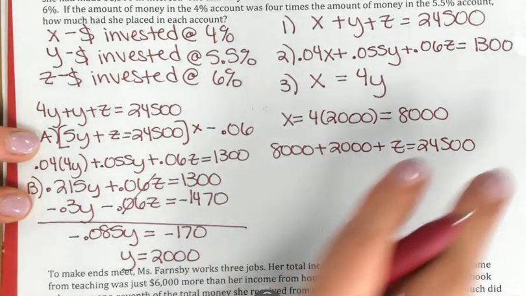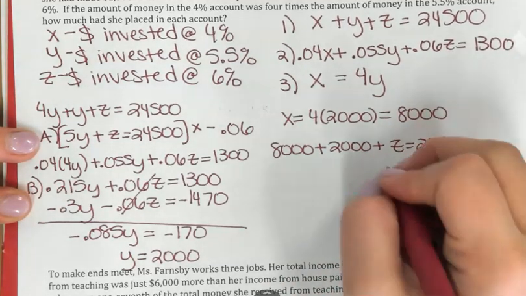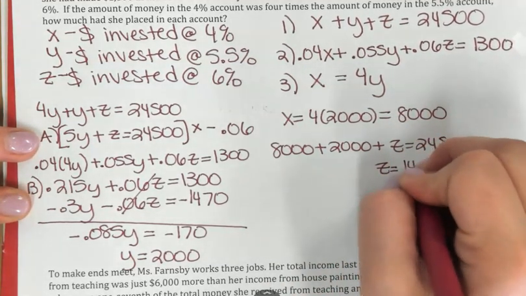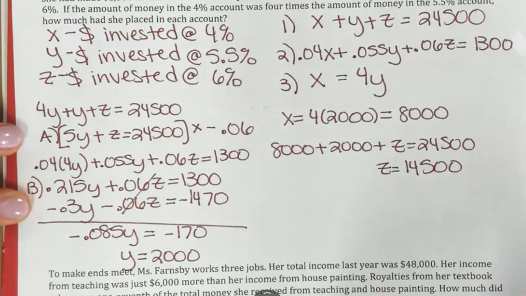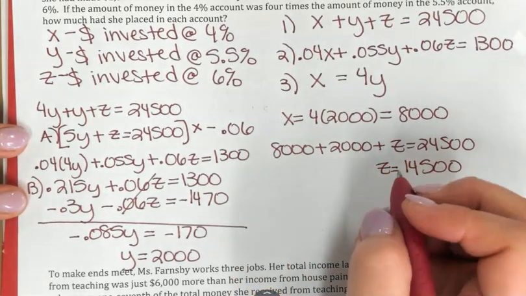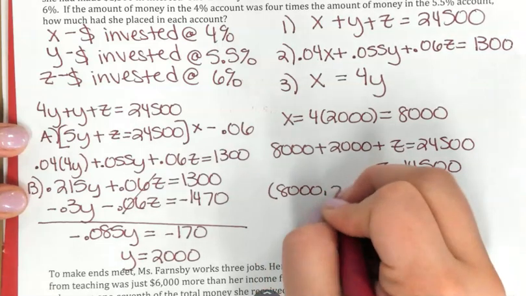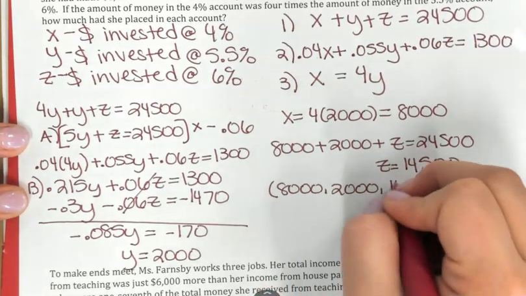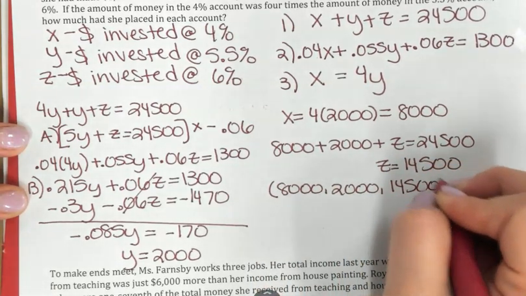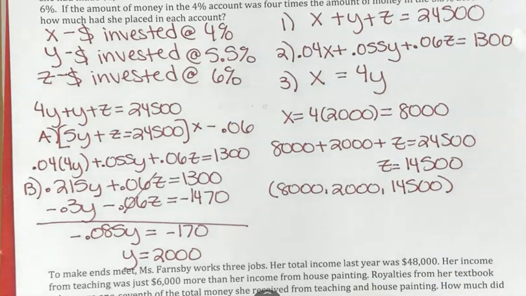So this is going to be 10,000. 24,500 minus 10,000 is going to be 14,500. So my solution is 8,000, 2,000, 14,500. But what does that mean in the context of this problem?